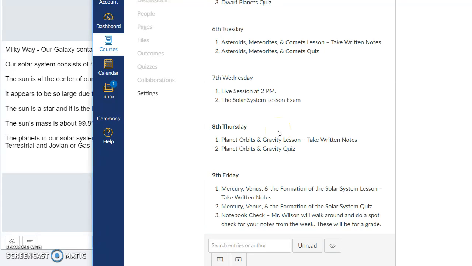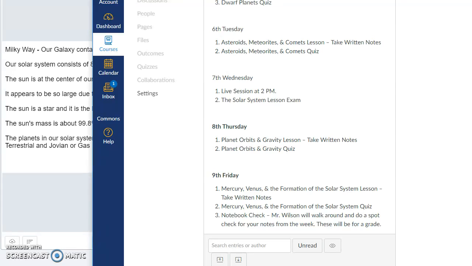That will actually be bumped to Thursday because Tuesday's items will be bumped to Wednesday. Wednesday's items will be bumped to Thursday, and Thursday's items will be bumped to Friday. So Friday you will complete planet, orbits, and gravity lesson, and you'll have a notebook check with Mr. Wilson. So just be sure that you have all of your notes from this week for that notebook check.